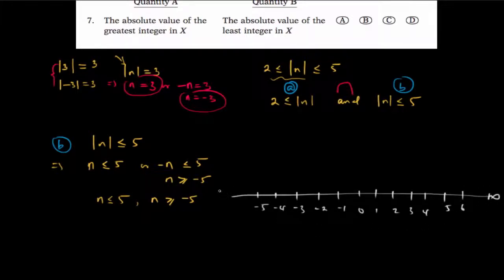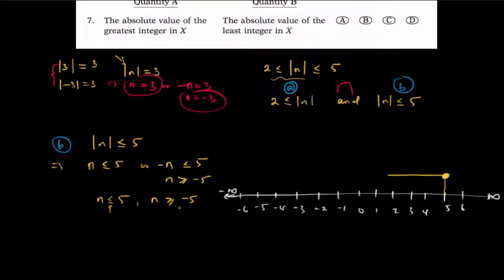This is infinity, this is negative infinity, negative 6. So this keeps on going like that. To include the first one, which says n less than or equal to 5, this is 5. The equality sign means 5 is included, so I'm going to thicken that. It keeps on going like this.